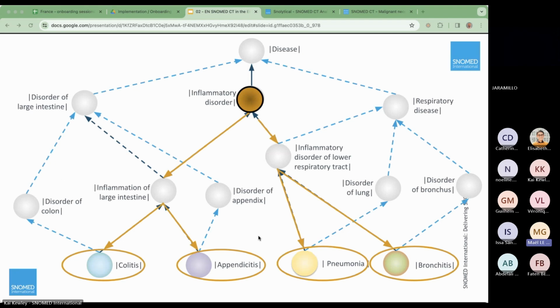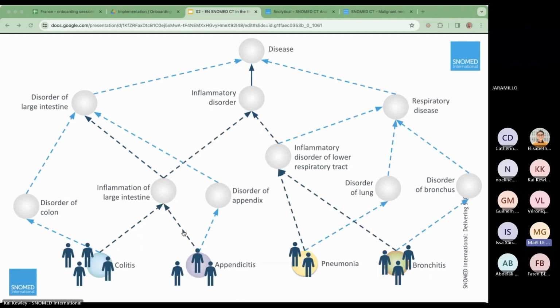For example, if we want to find patients that have any type of inflammatory disorder, we can use the hierarchy and these semantic relationships, and we will pick up each of the colitis, appendicitis, pneumonia, and bronchitis. So we can easily identify patients with those disorders.